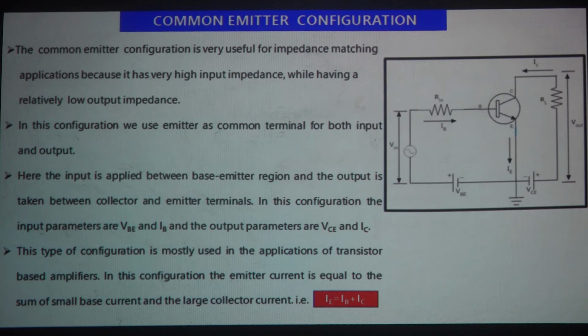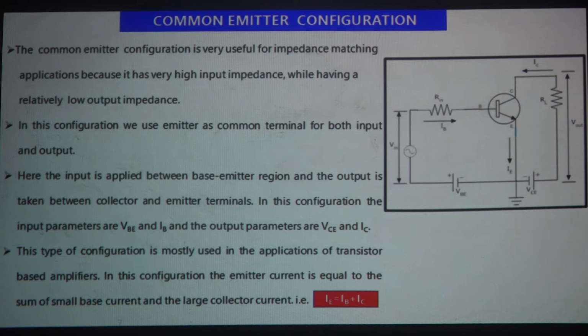Now the common emitter configuration. This type of configuration is practically used in the majority of electronic circuits. The common emitter configuration, the CE configuration, is useful for a lot of practical applications, and it is very useful for impedance matching.